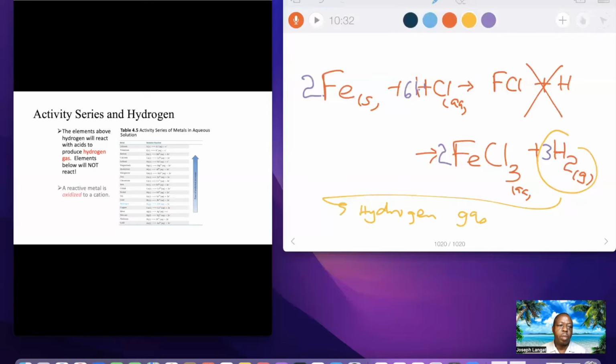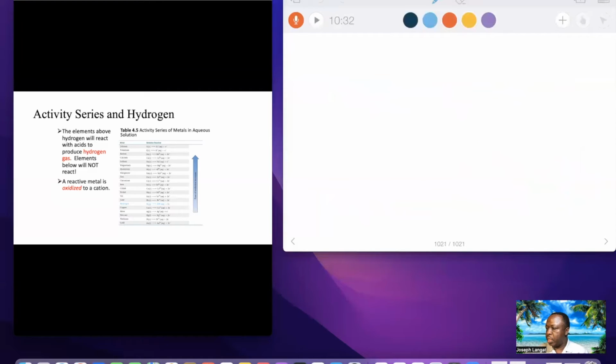Hydrogen gas. Reactive metal is oxidized. What is meant by oxidized? Oxidized here, this is what I promised to identify or show you. Oxidized means to lose electrons.